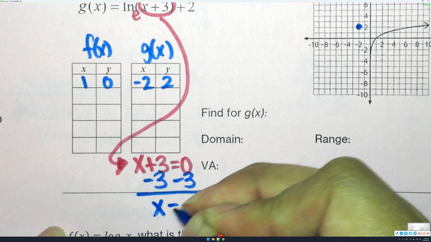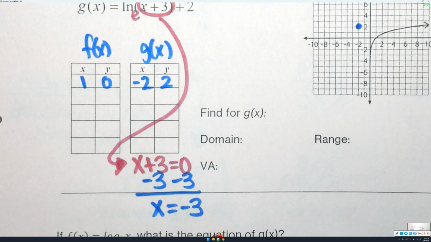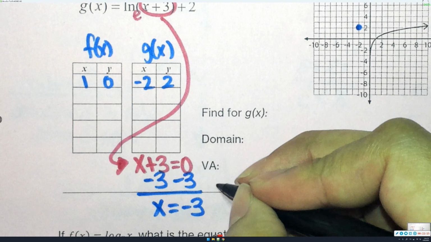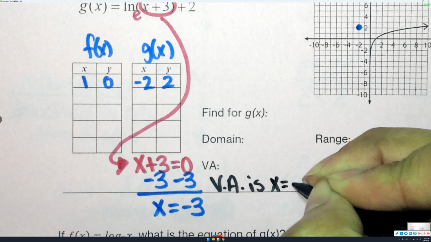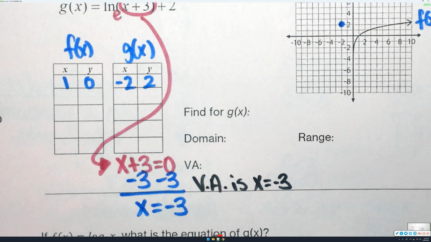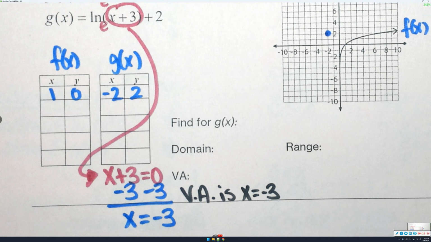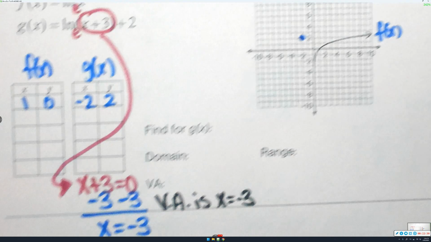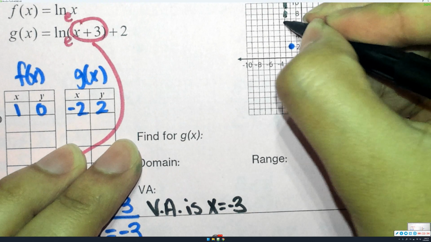This will leave me with x equals -3. And guess what? That is going to be my vertical asymptote. So let's go ahead and write that down. VA is x equals -3. Then I will sketch this vertical dashed line across x equals -3. Here we go. Just like this.